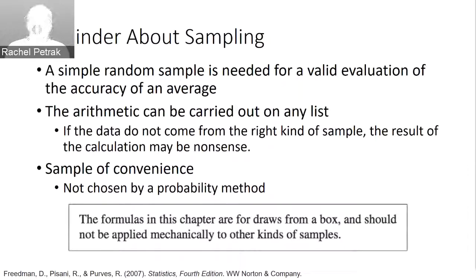Oftentimes, we encounter a sample of convenience, which is not taken by a probability method. A sample of convenience is often used. Lots of professors will do research on their students. Well, that's not a random sample because they're students who are taking that class. It doesn't stop us from doing research, and there are certainly other methods that we can use when we don't have a simple random sample.